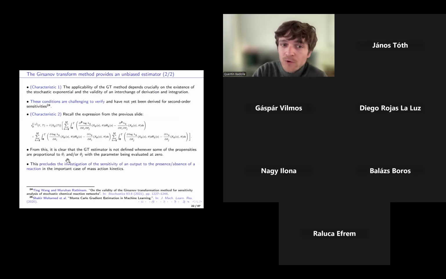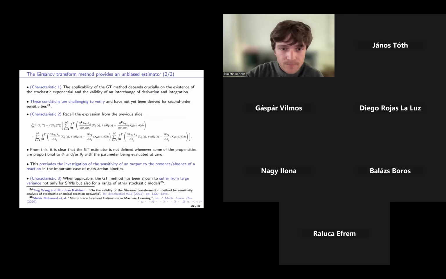And this precludes the investigation of the sensitivity of an output to the presence-absence of a reaction, among others, in the important case of mass action kinetics. So this is a major blocking point. And the presence-absence is especially interesting if you, for example, want to test how much your prediction is going to be affected by removing an uncertain reaction.